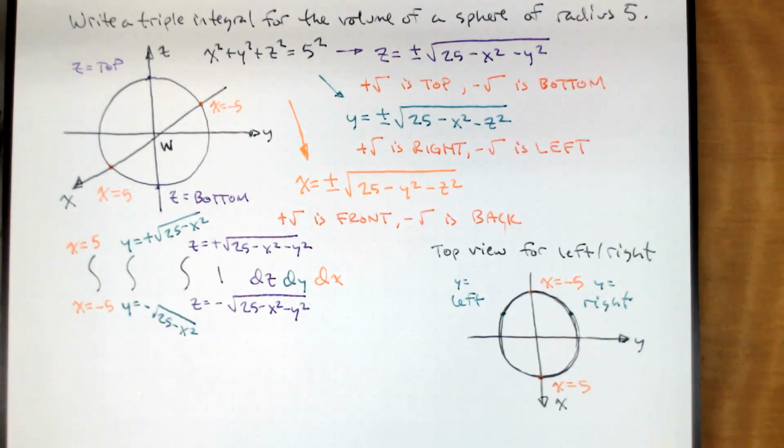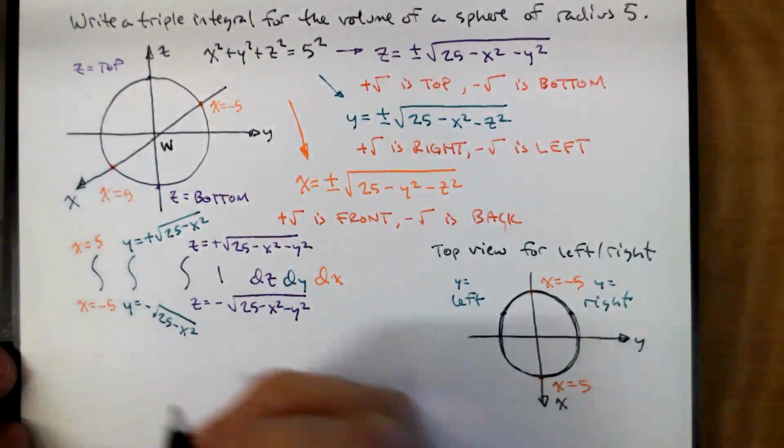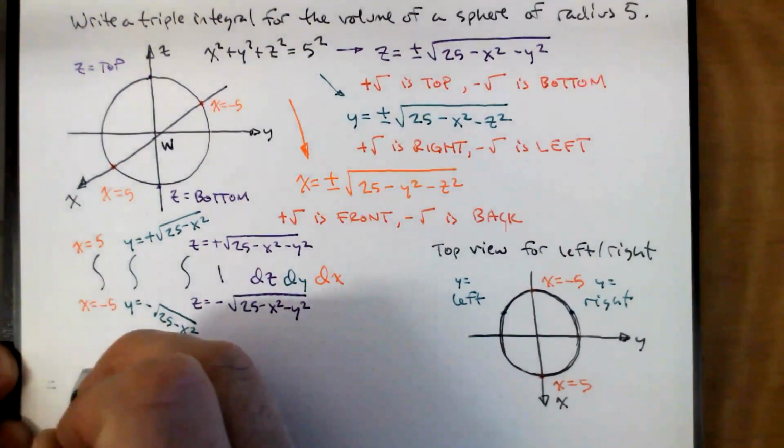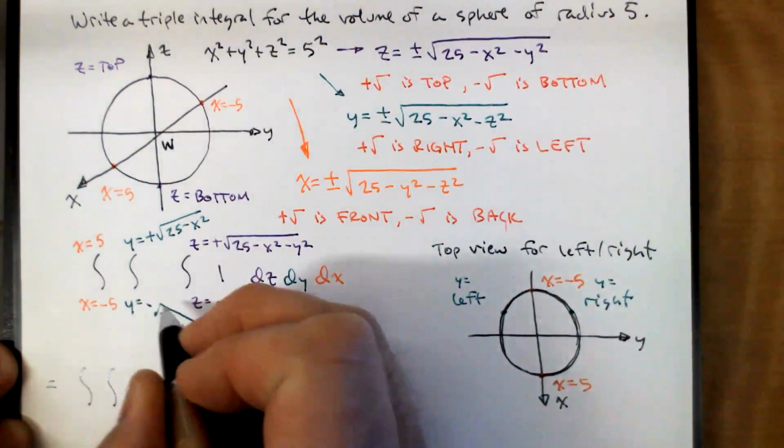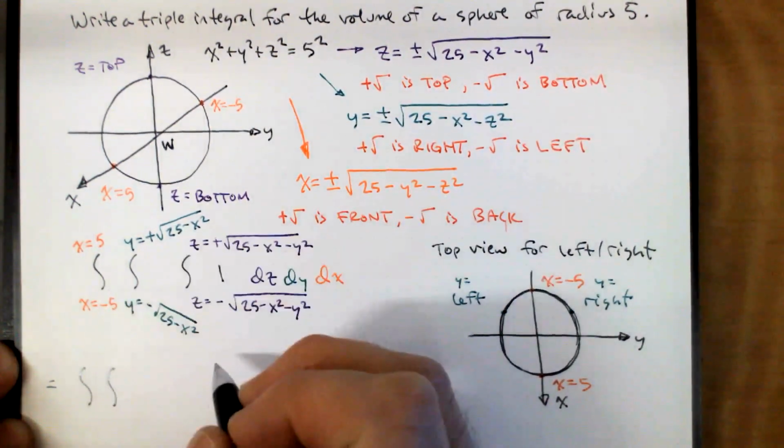If we integrate this integral dz, the integral of 1 dz is z. So I'll have the integral from -5 to 5, then the integral from the negative square root to positive square root.